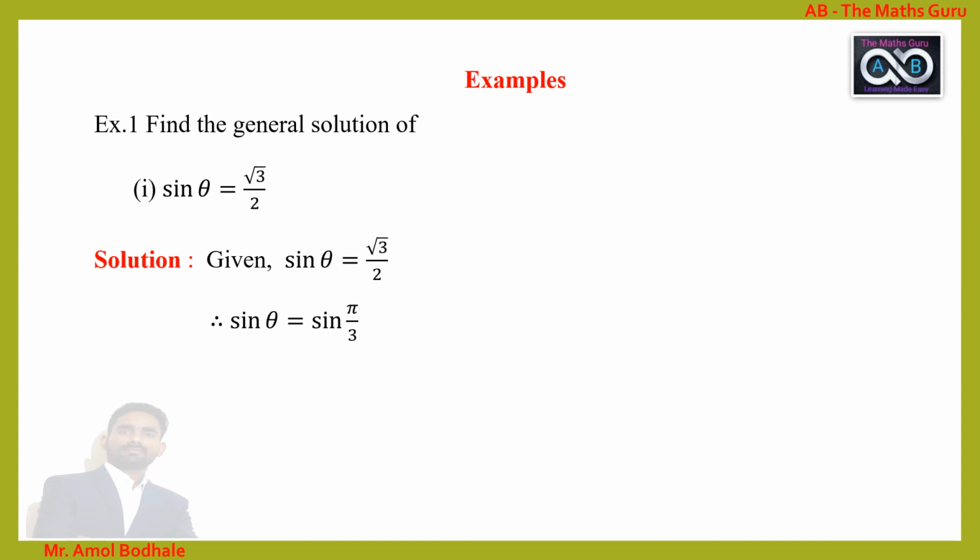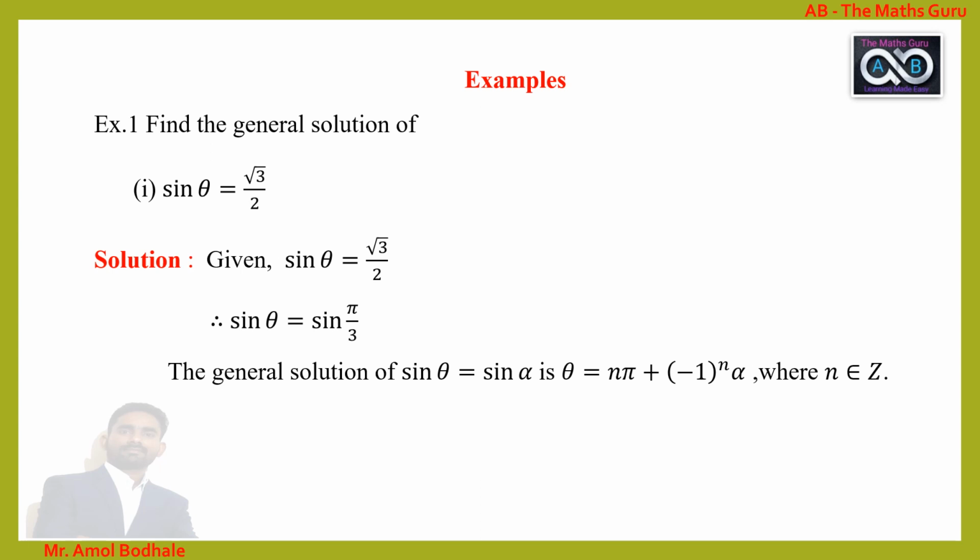So here we get sin theta equals sin of pi by 3. Now we can use the formula for the solution of sin theta equals sin alpha. The general solution of sin theta equals sin alpha is theta equals n pi plus (minus 1) raised to n alpha. Now if we compare sin theta equals sin pi by 3 and sin theta equals sin alpha, here exactly alpha is pi by 3.